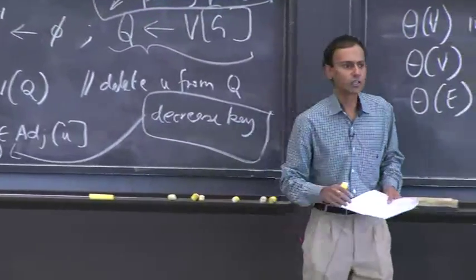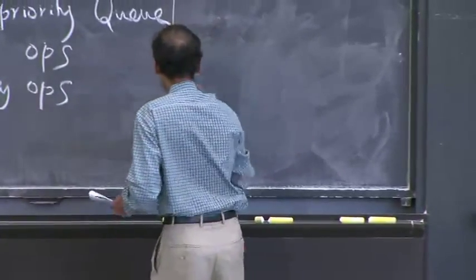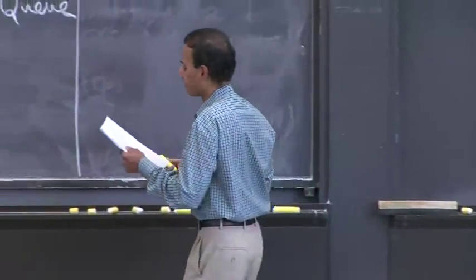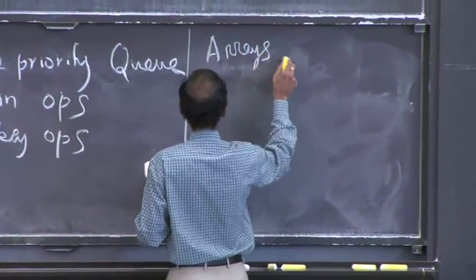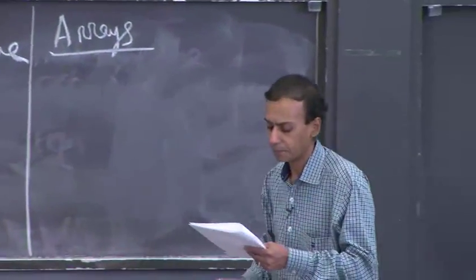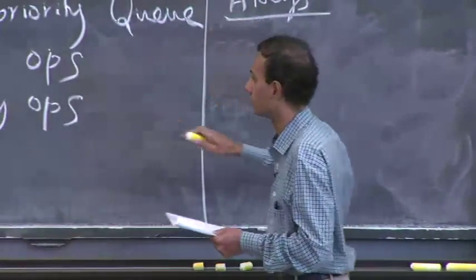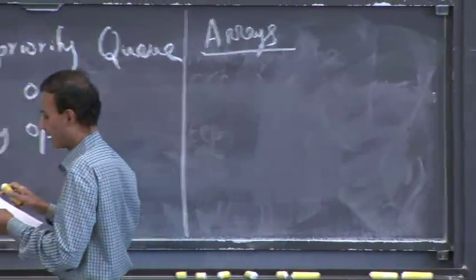And now you're a data structure designer, and you got some choices here with respect to actually implementing the priority queue. And let's look at the complexity of Dijkstra for arrays. So suppose I ended up using an array structure for the priority queue. Then what do I have?